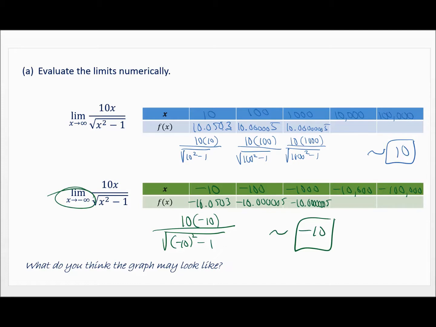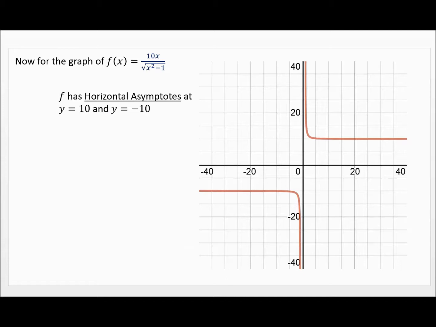Hey, you want to see what the graph looks like? This is the graphical version. So let's take a look. Look, there's your graph right there. So this is the graph of 10x divided by the square root of x squared minus 1. Remember, as we got bigger and bigger and bigger, our y values were getting closer and closer to 10. So remember, here's our 10 right here. They were above 10. Remember 10.0005?